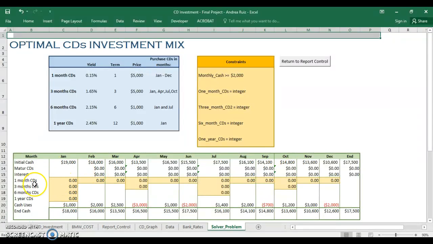So for the 1-month CDs, 3-month CDs, 6-month CDs, and 1-year CDs, taking into account that I can just buy them in these specific months. So now we can run the solver and see what solution we can get.